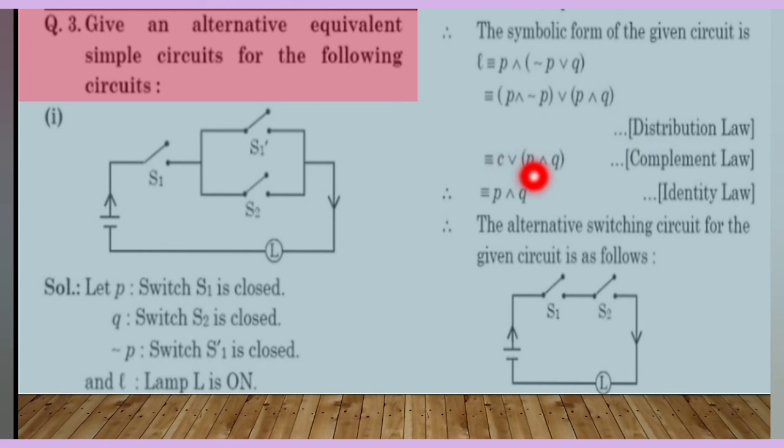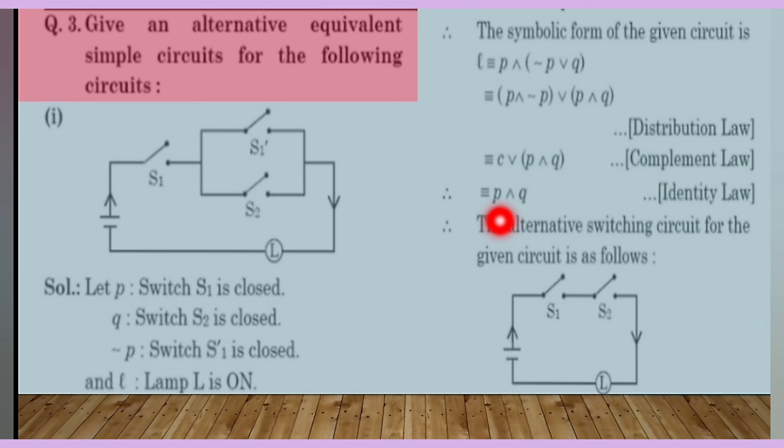Now again we use the complement law in this bracket. That means P and negation P is F. We write here F or C. C means contradiction, that means false. Since we write here C or F, we write C or this, and this bracket written as it is. Complement law.